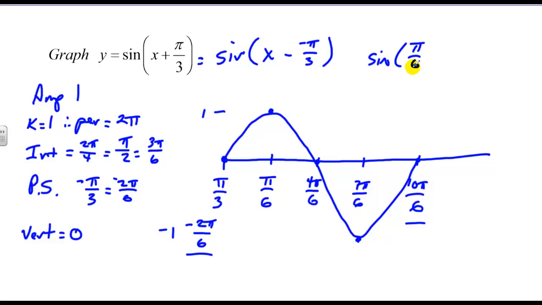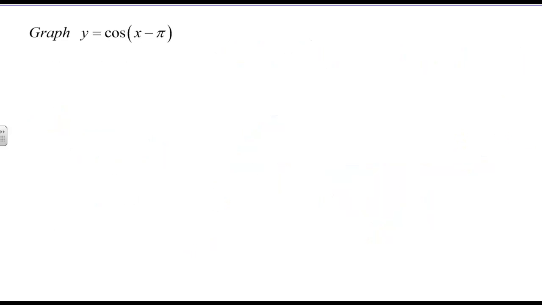Pi over 6 plus, instead of pi over 3, I'll use 2 pi over 6. And that's basically sine of 3 pi over 6, or pi over 2, and sine of pi over 2 is 1. So it checks. We'll cut the checking and just assume that I've done it right from here on out. Let's go through a few more.